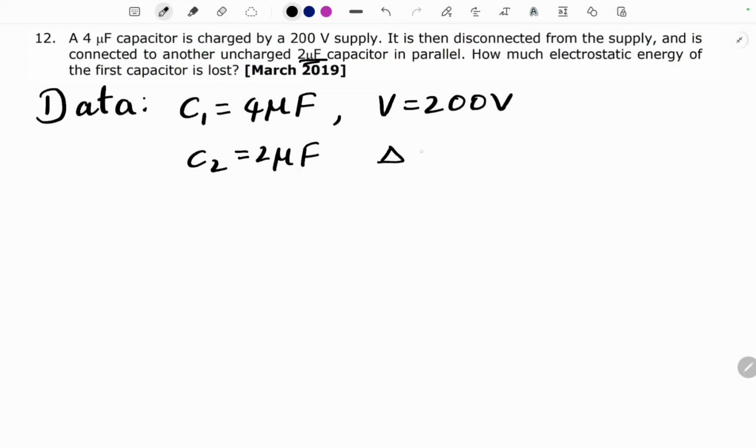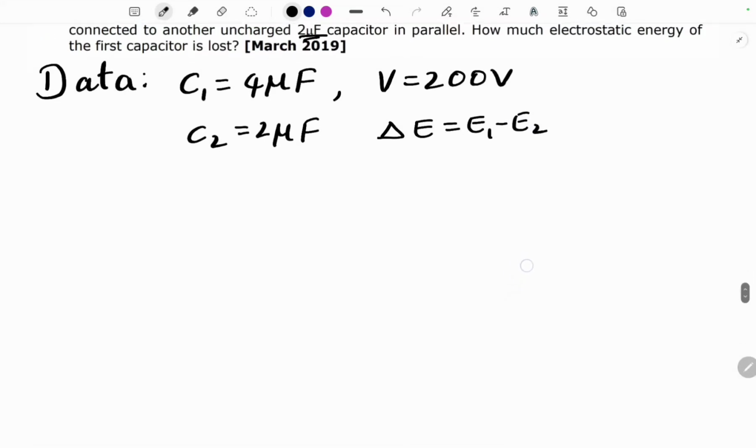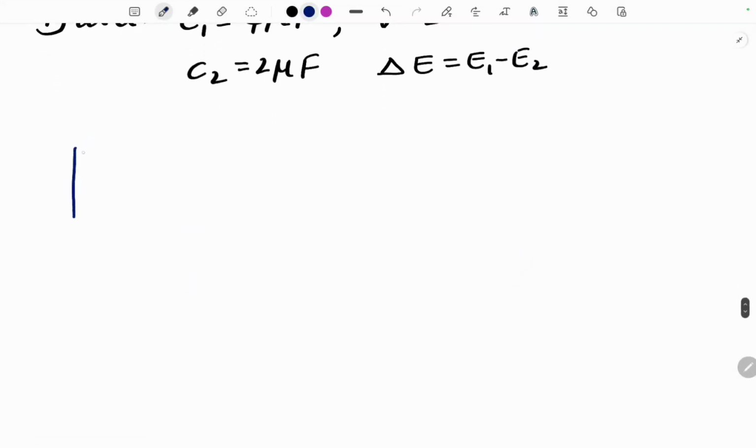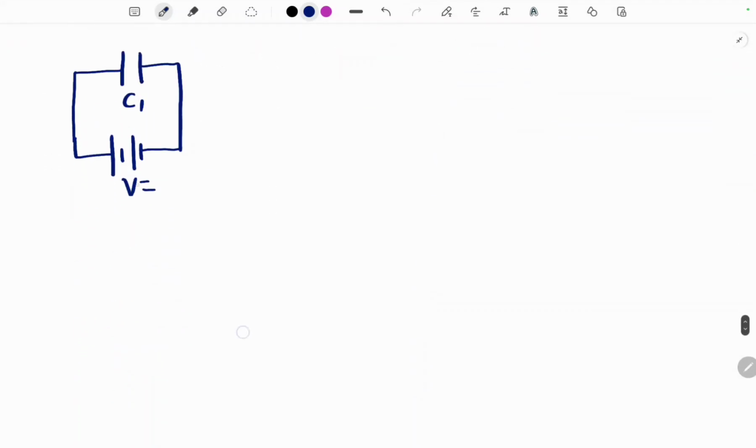Then the energy lost by the first one is given by E1 minus E2. Now let me write here the capacitor C1 which is connected to the battery, V is equal to 200 volt.